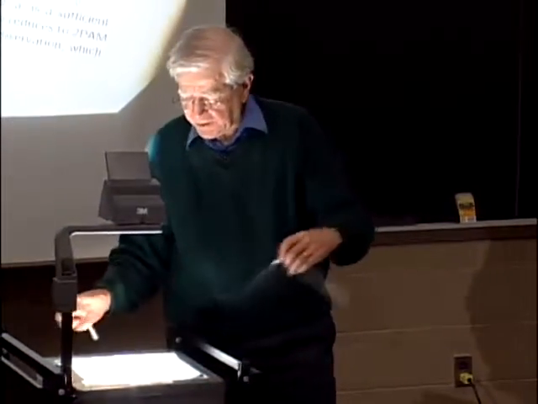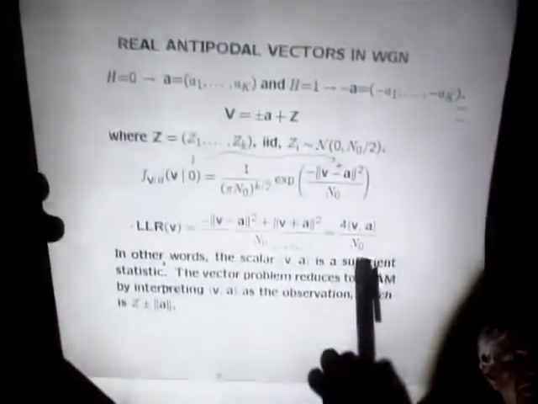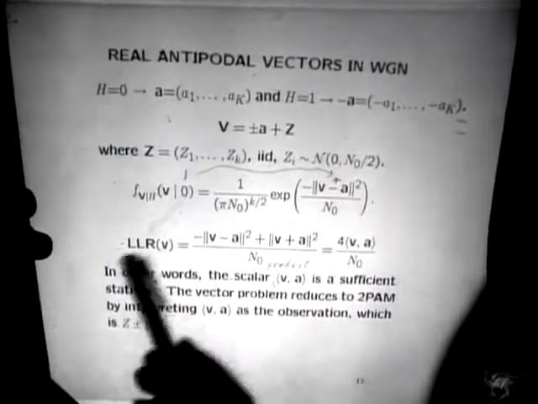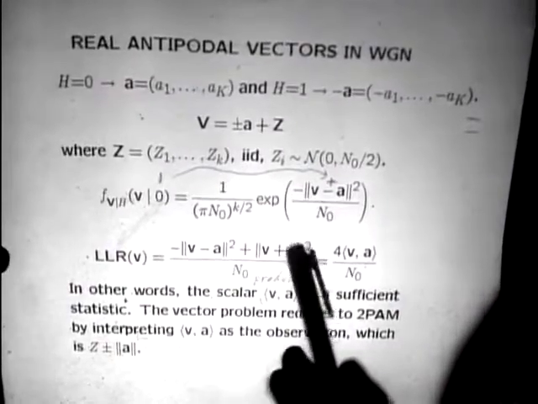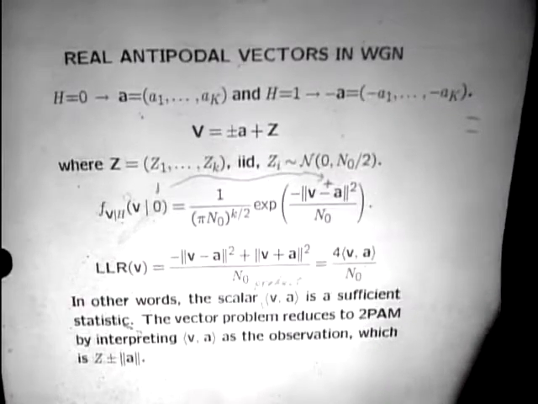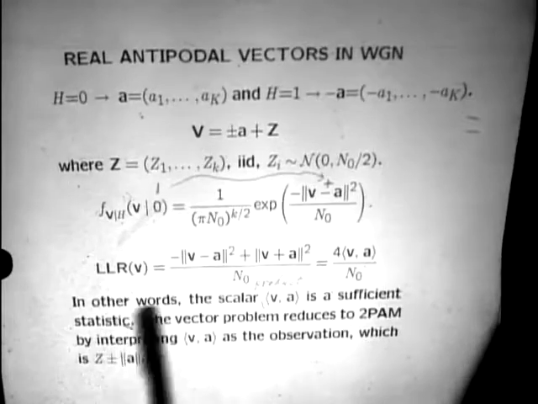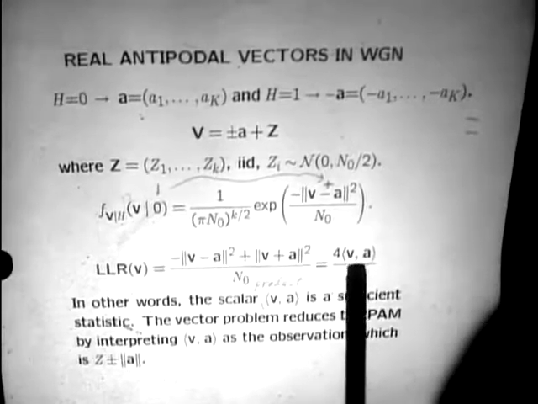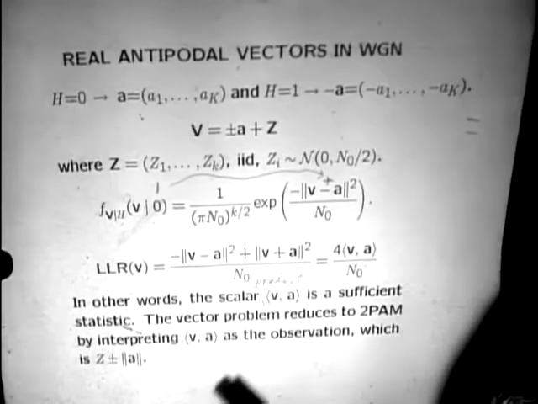The likelihood ratio is just this inner product here, which is a number. And when you find the error probability, you just use the same Q formula that we used before, and in place of A, you substitute the inner product of V with A, which is the corresponding quantity.